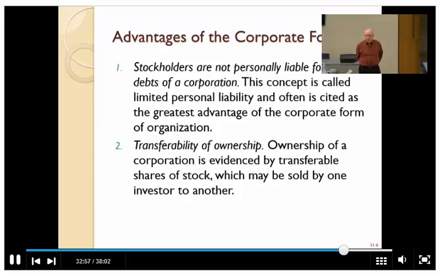All right, now it's this issue that gave rise to the creation of limited liability companies and limited liability partnerships. But we're only focusing on corporations. So again, the biggest advantage of a corporation is limited liability. The other thing it does is it allows for transfer of ownership.